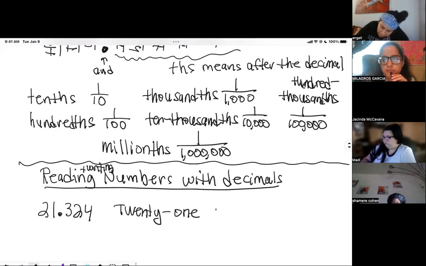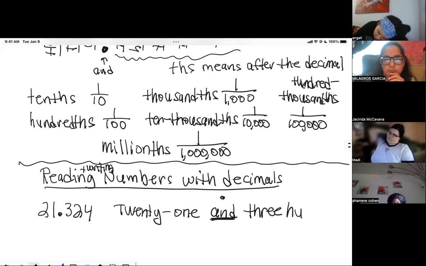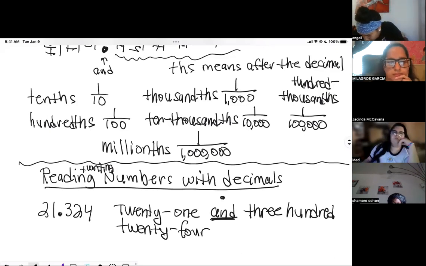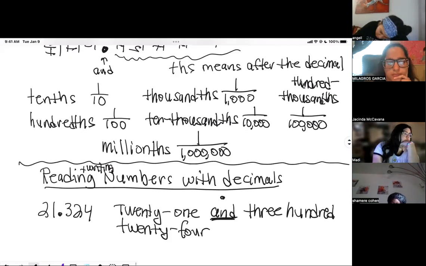21 and, meaning the decimal place, right? That's your decimal place. Then 324. Now, then you end it with what it is. It's 324 tenths, hundredths, thousandths.